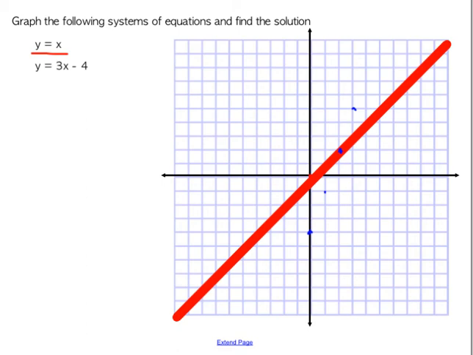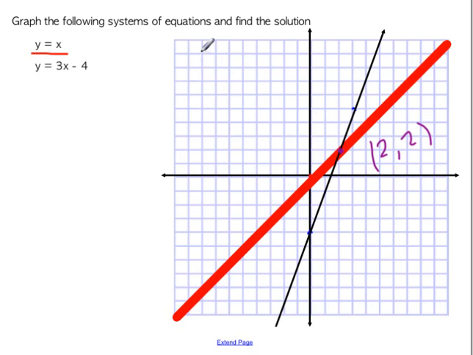Do this line in black. Start to see that here is our point of intersection. So we have a point where it's 2 for x and 2 for y. So our solution is going to be 2, 2.